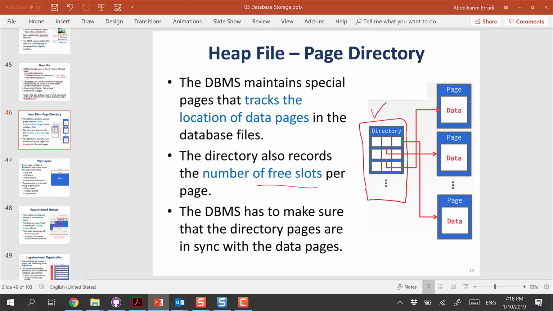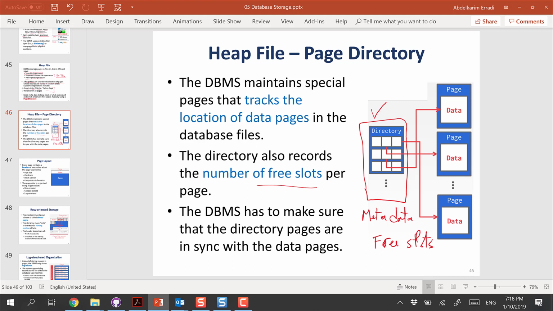So this directory also maintains some metadata. So for each of the pages, it knows the free slots or the free space in each of the pages. So if there is a new insert, it knows which lucky page will receive the actual inserts.